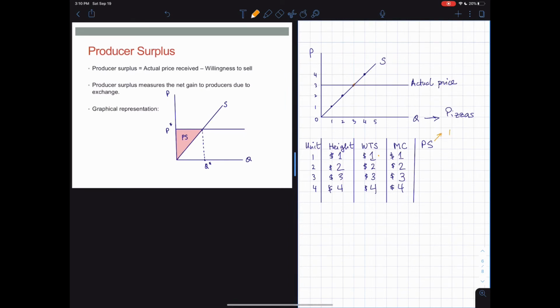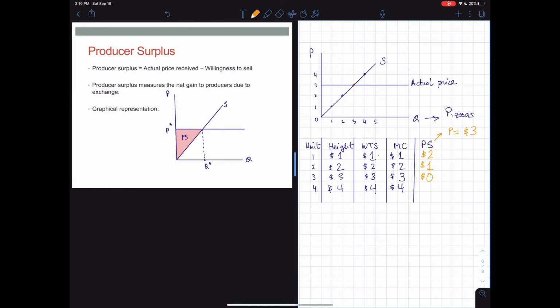This is price equals $3. So for price equals $3, my producer surplus is going to be 3 minus 1, which is 2. If I get that price for the second unit, my producer surplus is going to be 3 minus 2. And for the third pizza, I'm going to get a producer surplus of 0.